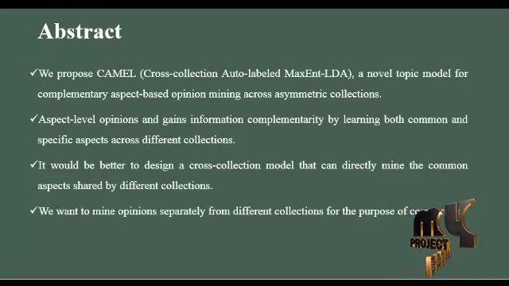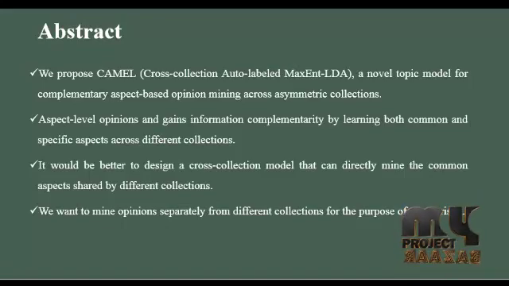Along this, we propose Camel, a cross-collection auto-labeled MaxEnt-LDA, a novel topic model for complementary aspect-based opinion mining across asymmetric collections. Camel gains information complementarity by modeling both common and specific aspects across collections, while keeping all the corresponding opinions for contrastive study. An auto-labeling scheme called AME is also proposed to help discriminate between aspect and opinion words without elaborate human labeling, which is further enhanced by adding word-embedding-based similarity as a new feature.